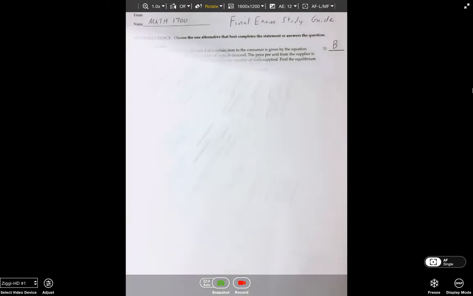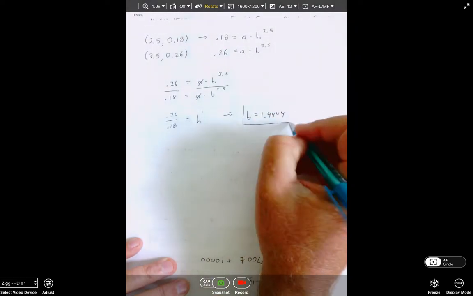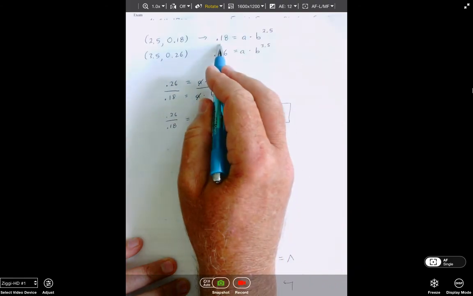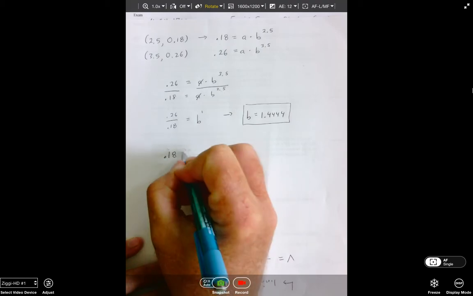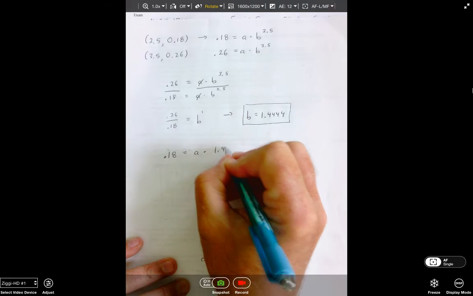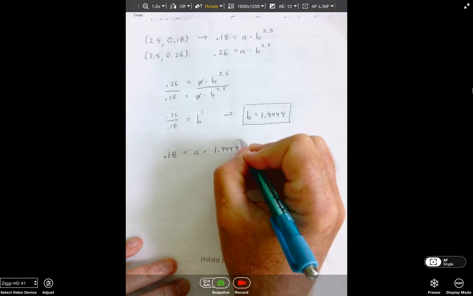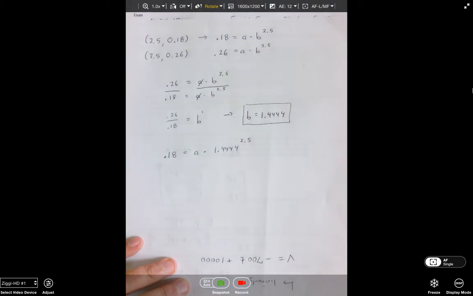So here's where I am right now. So I know that I can put this back in one of these relationships, and I'm just going to use the first one. And put the b equal 1.444 in and raise it to the 2.5 power. Now I need to solve for a.